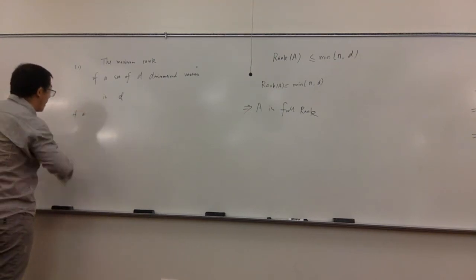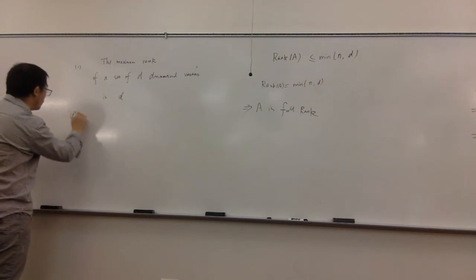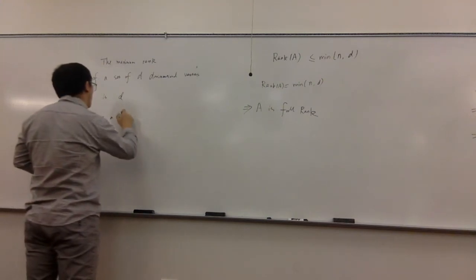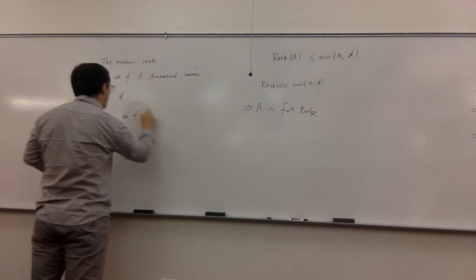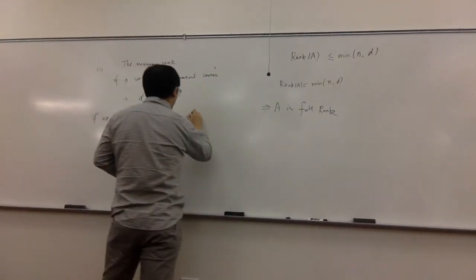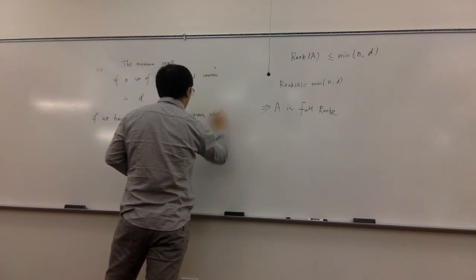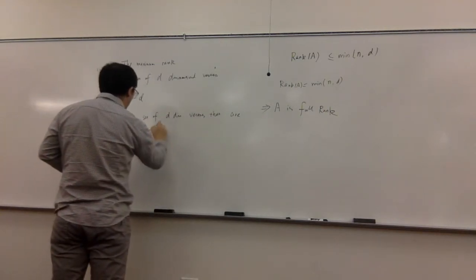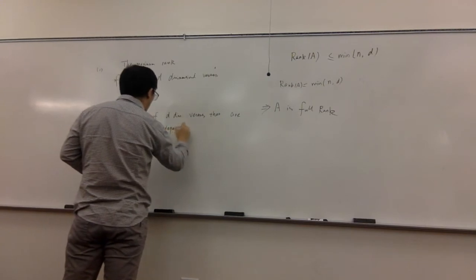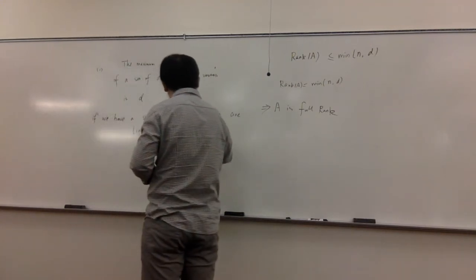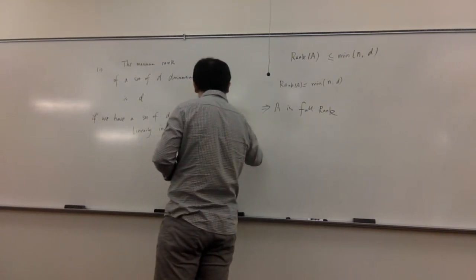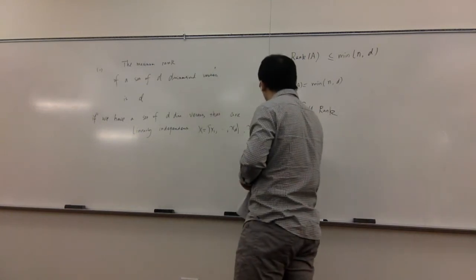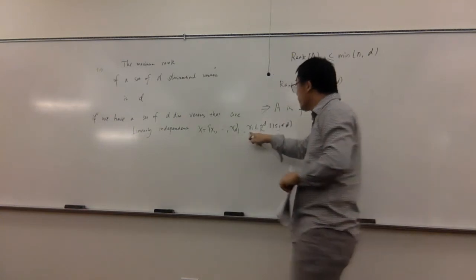if we have a set of d-dimensional vectors that are linearly independent, let us denote this set of d vectors as x1 to xd, and each vector belongs to d-dimensional space.